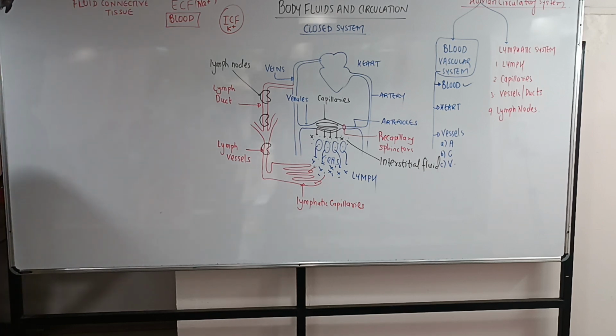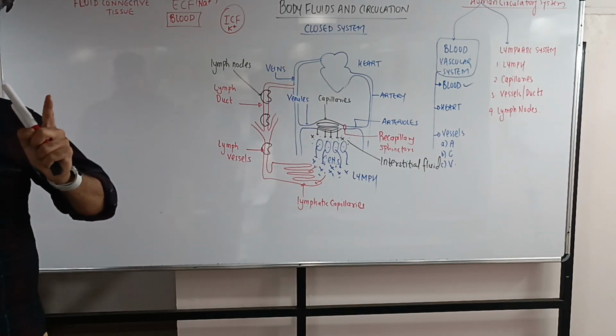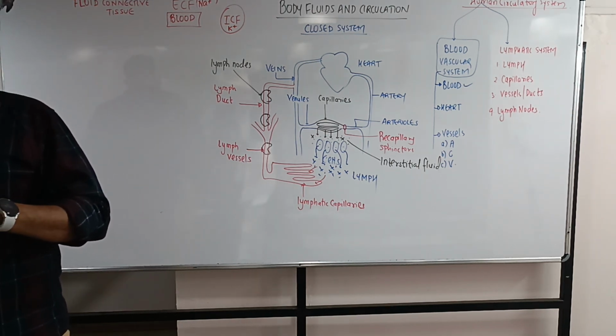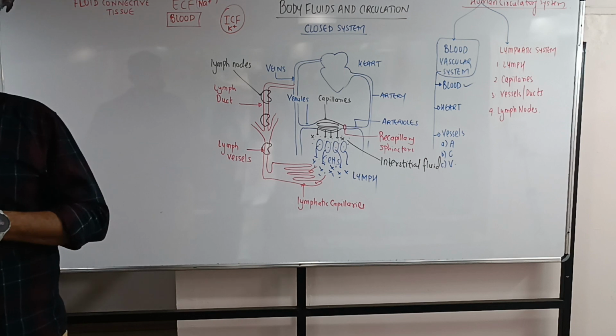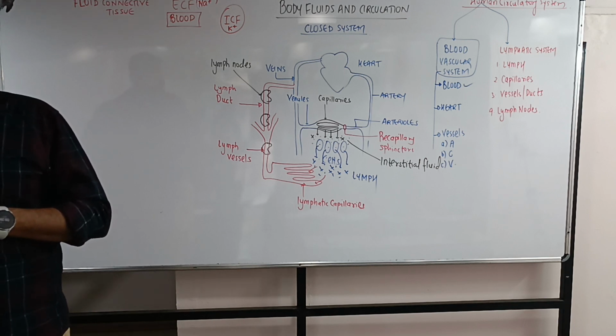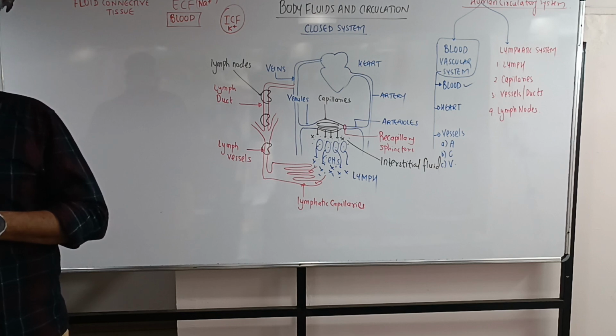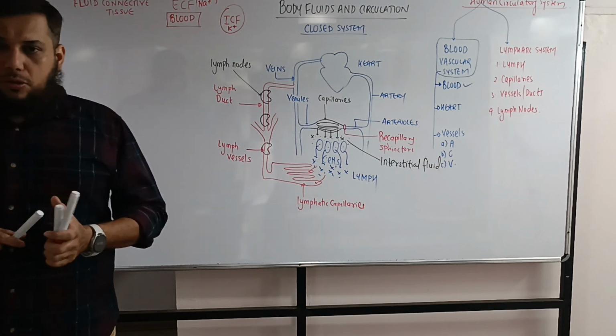You already know that connective tissue is classified as binding, support, specialized, loose, dense, specialized. This was also a classification: loose, dense and specialized. In specialized you add bones, cartilage. So blood is a specialized fluid connective tissue.